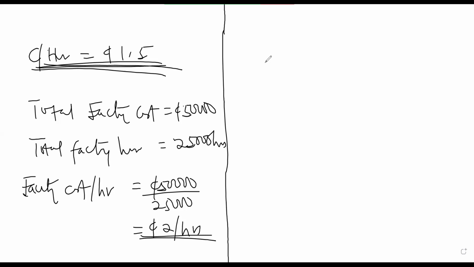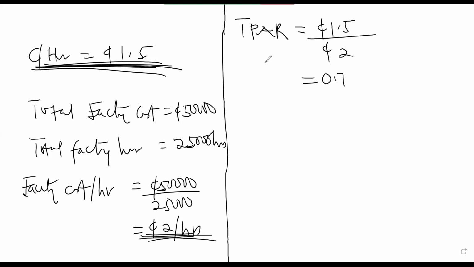So you have to calculate what we call the throughput accounting ratio. It is calculated as this particular figure divided by this particular figure. So you'll be getting 0.75.